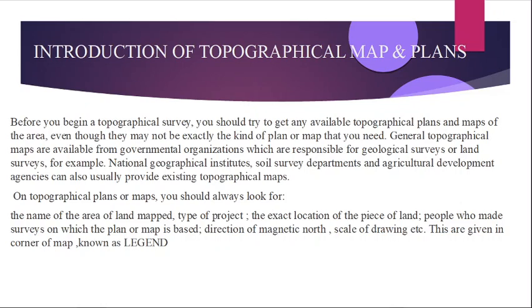Next point, direction of the magnetic north. Next point, scale of drawing, etc. Now, what is scale in this context? In this context, scale is nothing but distance on map divided by distance on the ground surface. These are given in the corner of the map and they are known as legend.